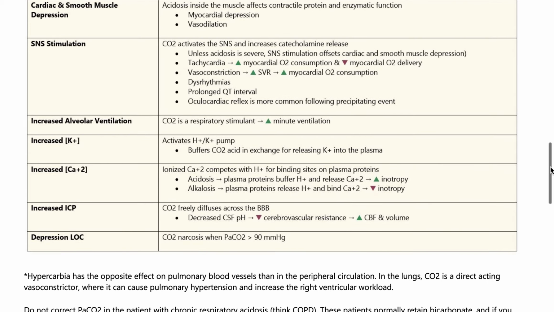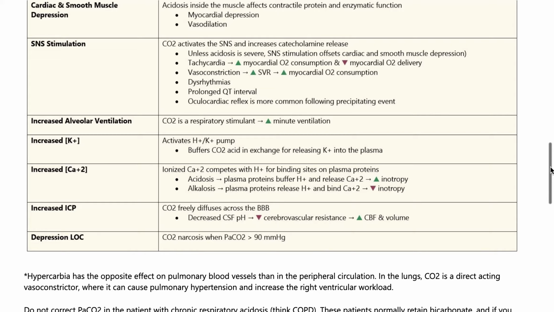There's an increase in calcium. This is because ionized calcium competes with protons for binding spots on plasma proteins. So if you have an increase in CO2, then you're going to have an increase in protons, which bind to plasma proteins and compete with calcium.